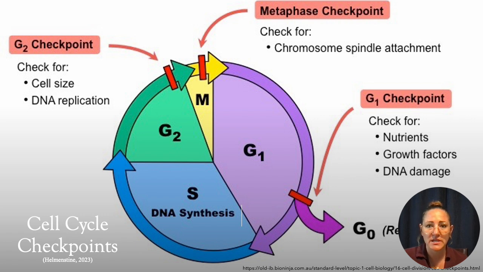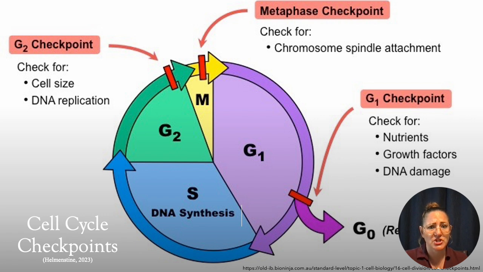That second checkpoint is located in the G2 or gap phase 2, just before the cell enters mitosis. This checkpoint looks to ensure that the DNA has replicated properly within that S phase. Lastly, there is another checkpoint found within the M portion of the cell cycle, or the mitosis, and this is an M checkpoint.